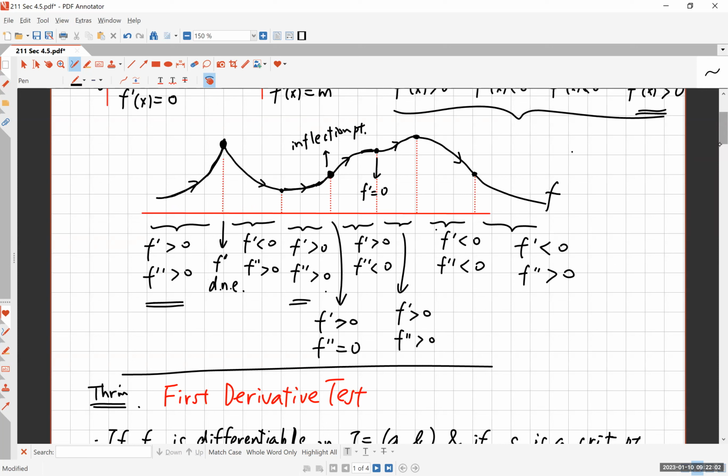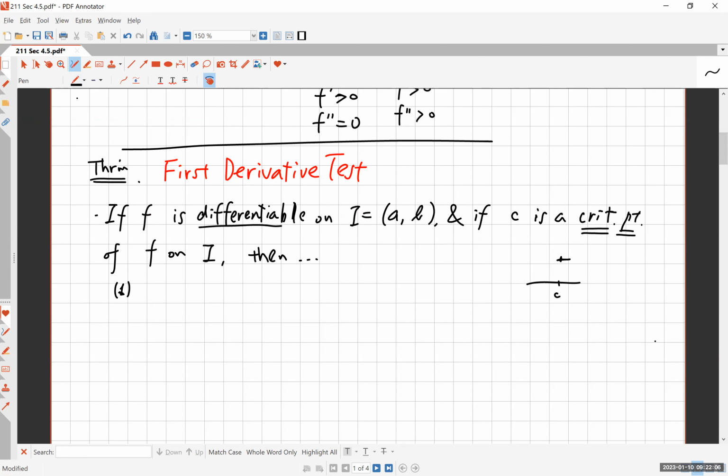Either way, if the function is increasing up until this point and decreasing after that, what can you conclude about this point? Of course, it must be a relative maximum. And that's exactly what it says.